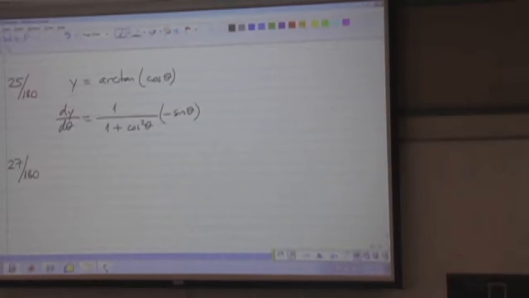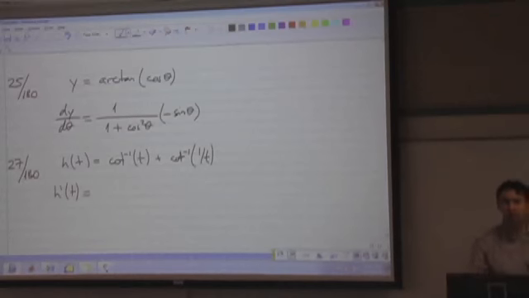h of t is equal to cotangent inverse of t plus cotangent inverse of 1 over t. So remember, cotangent acts the same way as tangent does. The only difference is you have a minus in front of it, right?